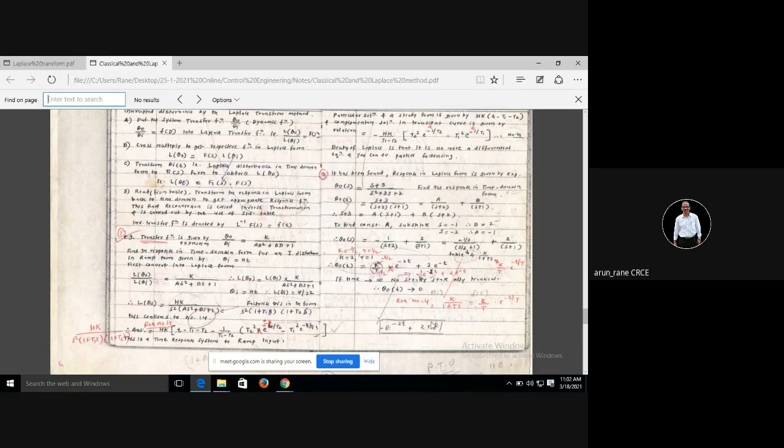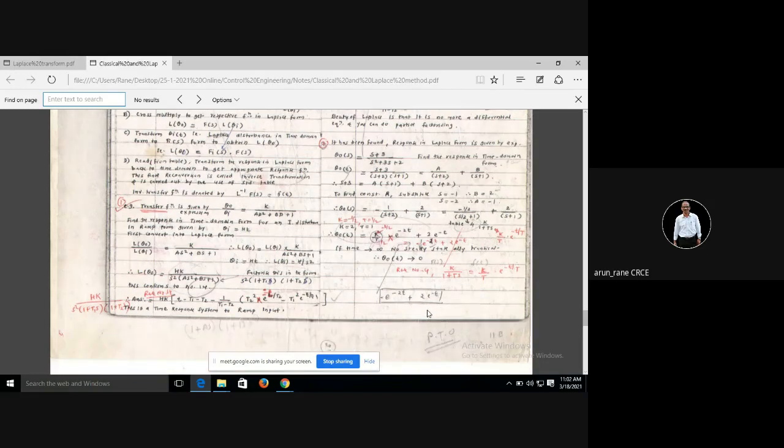Now as the time is increasing, this will become 2 into 1 upon e raised to t, and this is 1 upon e raised to 2t, right? So you have to decide now which will be transient and which will be steady state. This is homework for you.